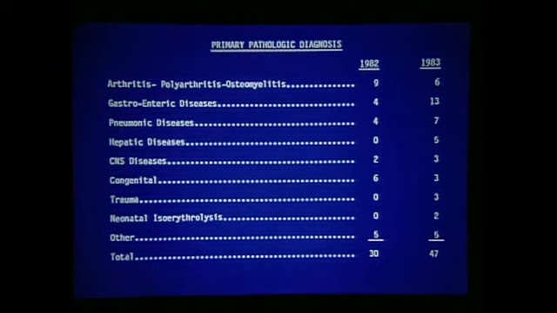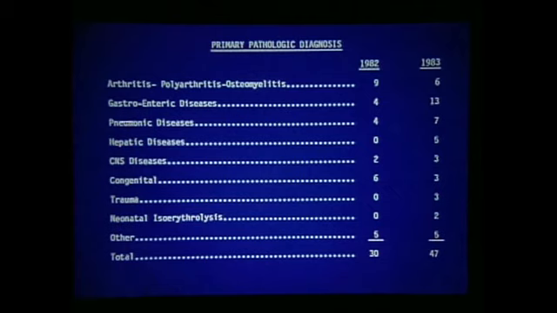In the early 80s, my institution had a high loss of foals, and this table sort of summarizes the organ systems that were most frequently involved in septicemia or bacteremia. The first one, again, clearly was the bone and joints as outstanding.